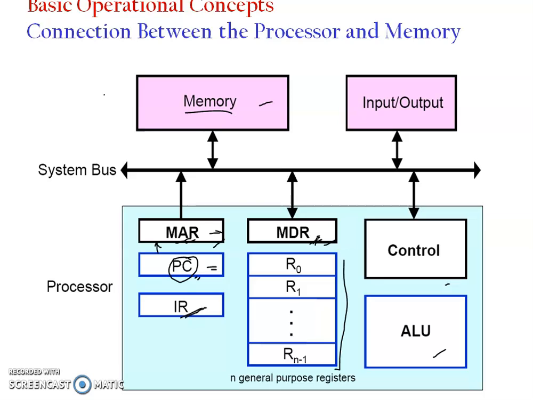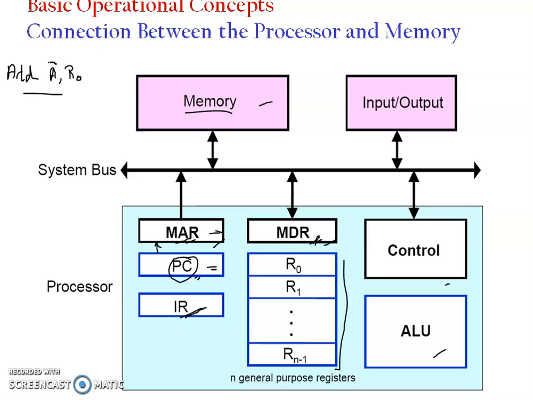So for example, if there is an instruction like ADD A, R0, this will be stored inside the memory in some address location.